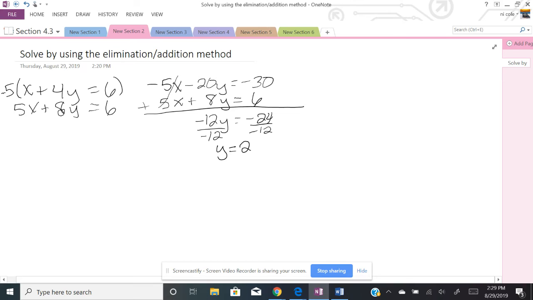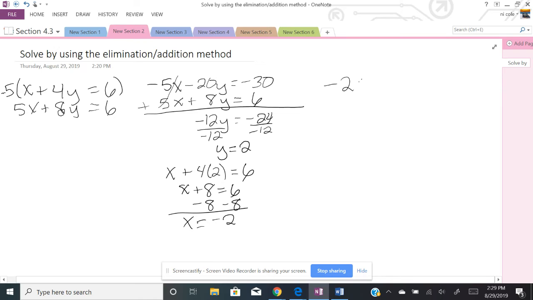Okay, throw that back into one of the original equations. I'll throw it into equation 1. It can be equation 2, it really doesn't matter. So x plus 4 times 2 equals 6. So x plus 8 equals 6. Subtract 8, x equals -2. All right, so we're going to check.